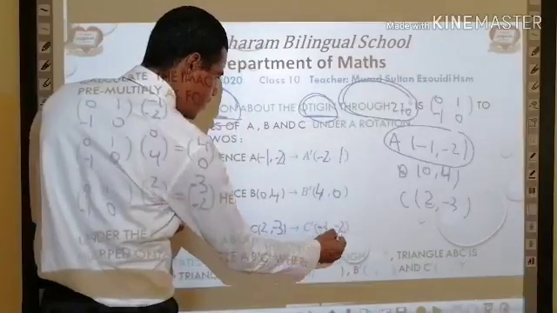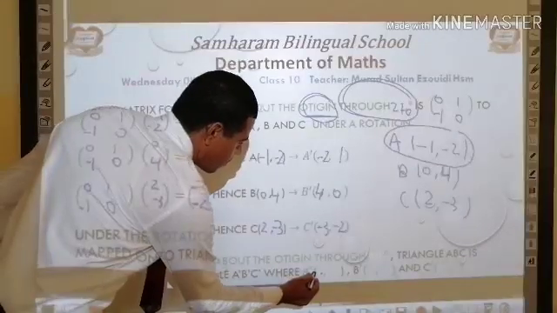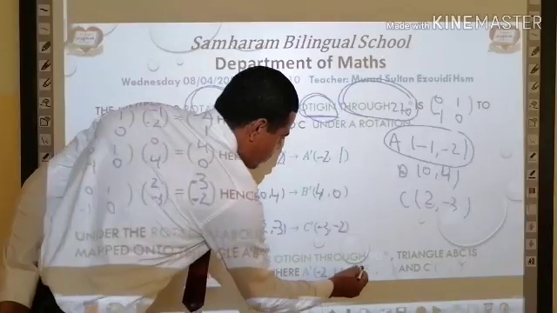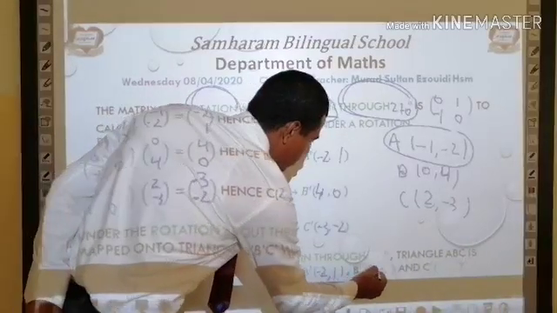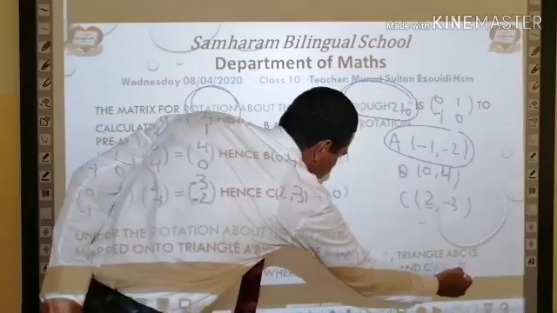Then you can write the coordinates of the points: A is negative 2, 1, B prime is 4, 0, and C prime is negative 3, negative 2.